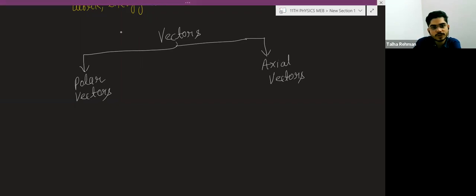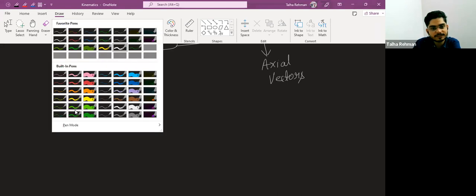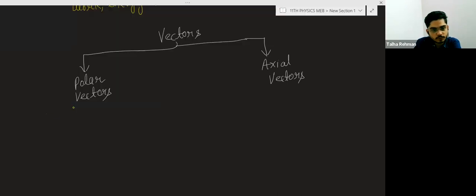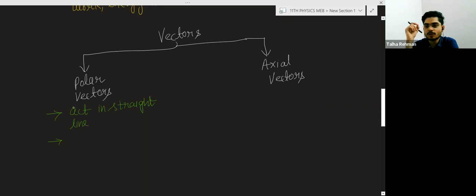So what are polar vectors? First, I will write the definition. Polar vectors are the vectors which always act in a straight line, and also they have a starting point.